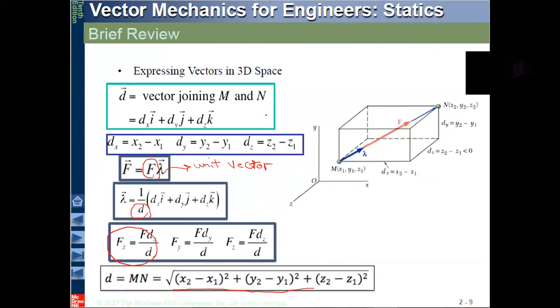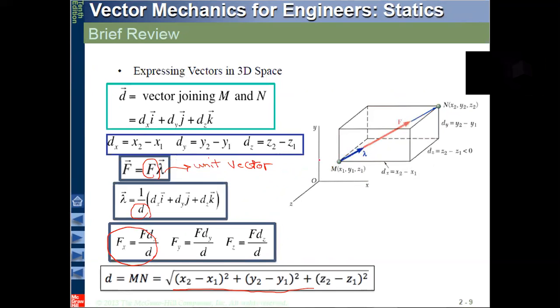Well, let's go and have a brief review of the 3D case. Imagine you have a force in 3D case that starts from point M and ends at point N, and we want to show how we represent this vector.